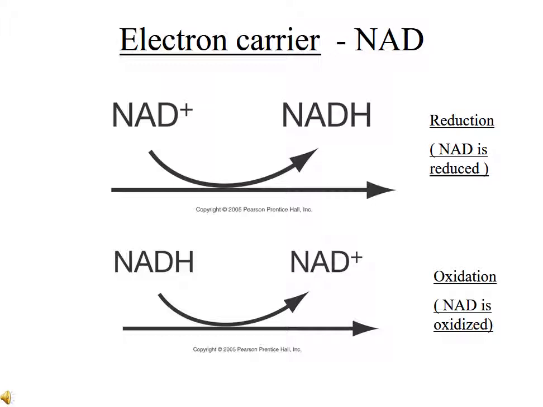So, electron carriers are basically systems that go out and grab up electrons and eventually release electrons, and when they do so, energy will be transferred. Eventually, you'll see that all these electrons will drive the formation of, you guessed it, ATP.